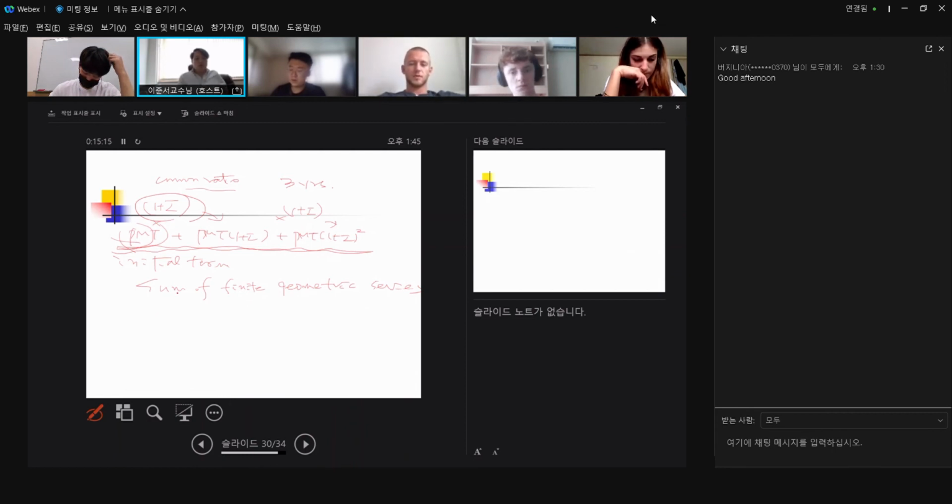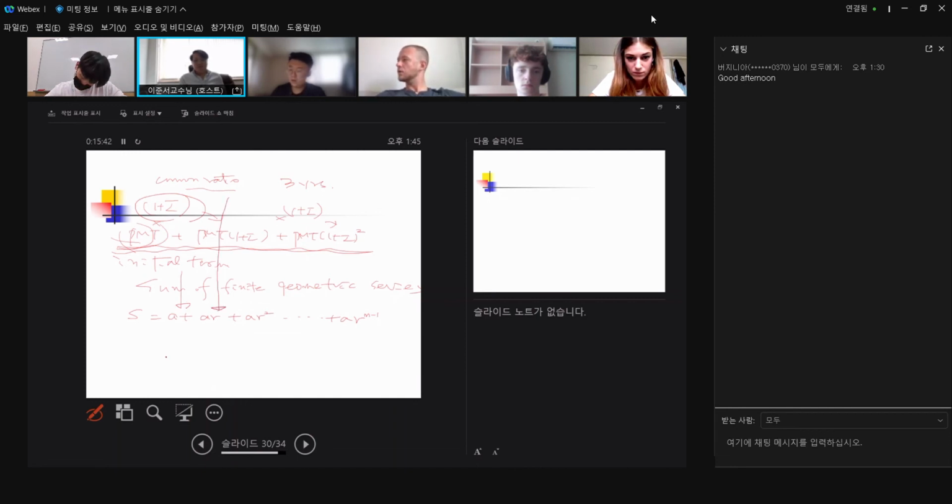So how can we figure out the sum of a finite geometric series? S, the sum of a finite geometric series, is A plus AR plus AR squared, up to AR to the power of n minus 1, right? In this equation, A is the initial term, R is the common ratio.